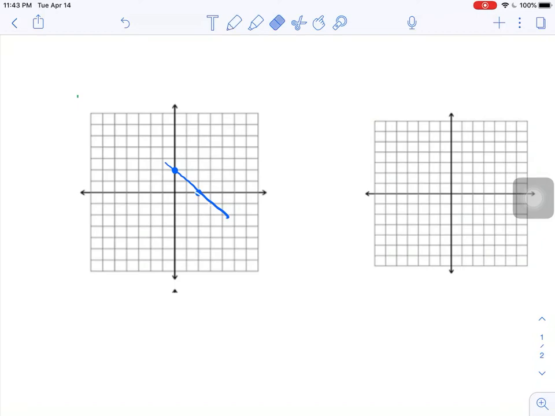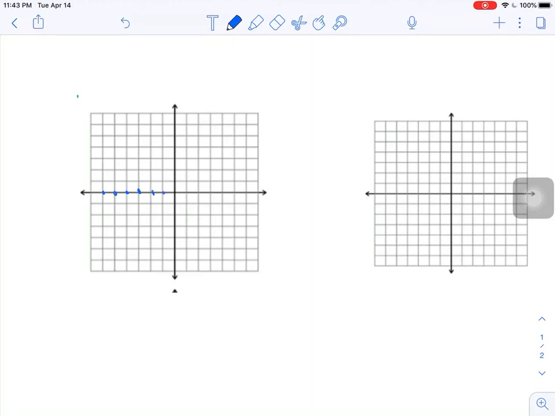Now there's something special about intercepts that we have to understand in order to work with them. So the x-intercept is where the line meets up with the x-axis. So a line could potentially cross the x-axis at any of these different points.